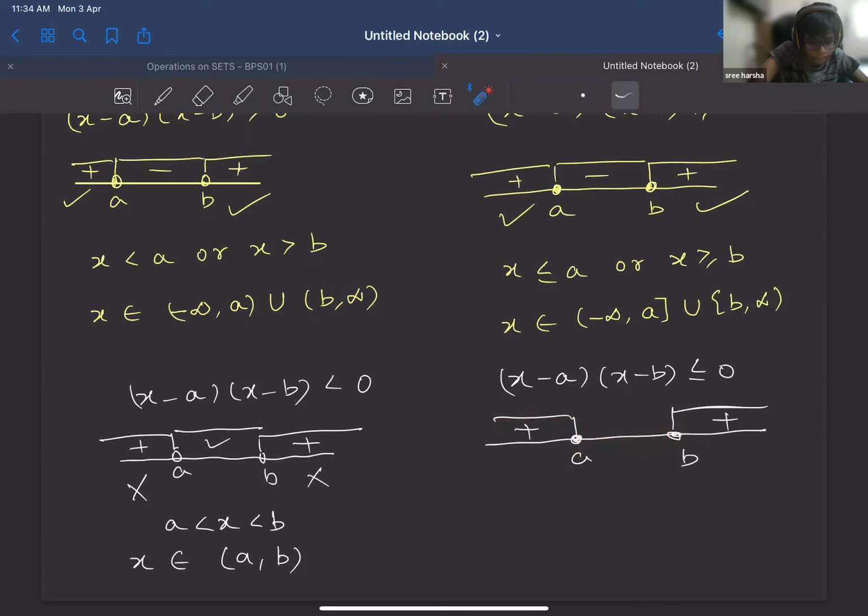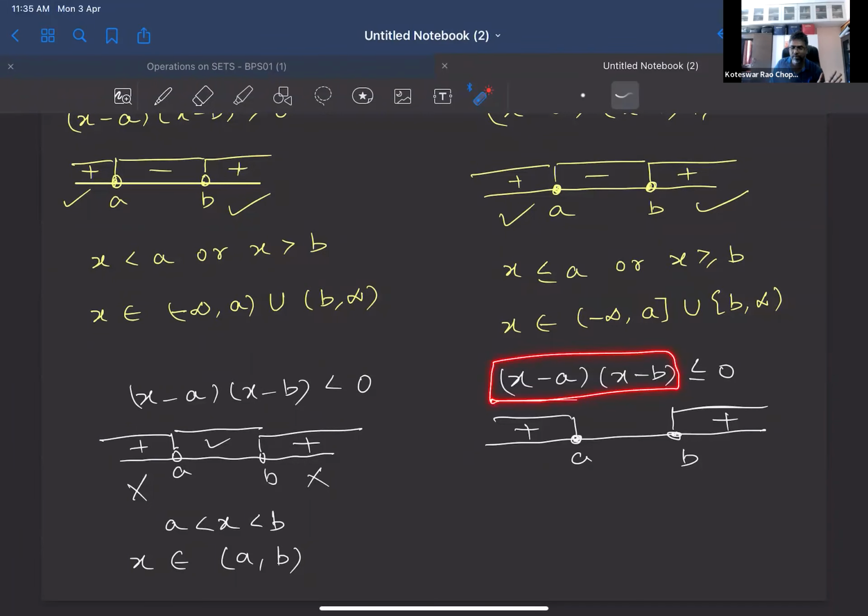Now, from the rightmost region, any value you take is going to make this left-hand side positive, but you want either 0 or less than 0. So that cannot become your solution set, so you ignore that. Similarly, the same thing happens to the region which is less than A. Any value you take makes the left-hand side positive, but you don't want it, so that is also not your solution.